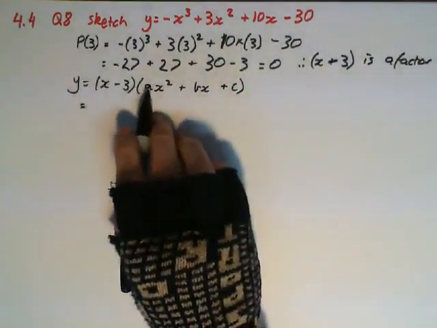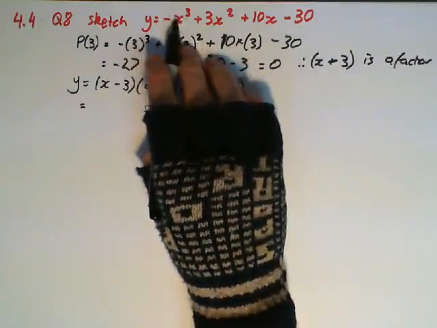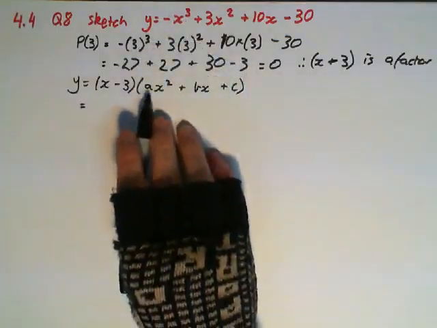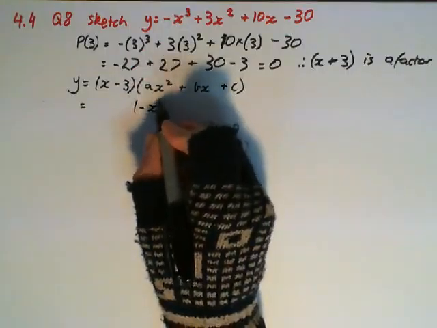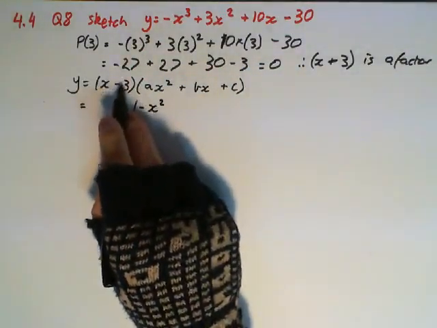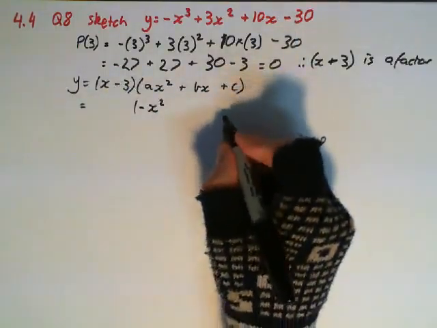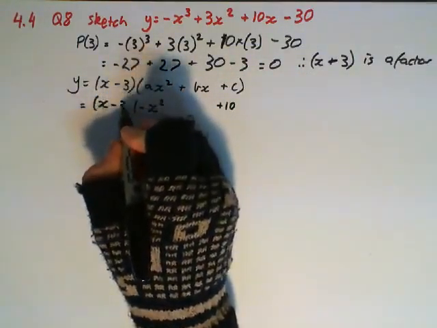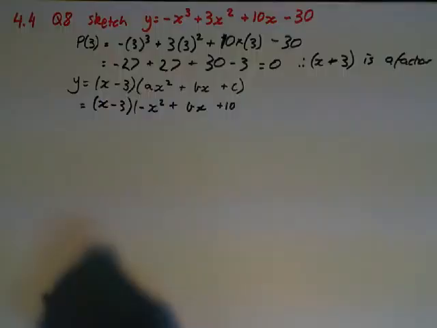Our a term is going to be what's in front of the x cubed term from our original equation, because when we multiply it by x, that'll give us the x cubed. So in this case, a has to be minus 1. So we can say minus x squared. Now c is going to be, what do we need to multiply minus 3 by to get minus 30? Well, it's going to be positive 10 here. So filling in the blanks, we've got x take 3 and just need to find the bx term now.